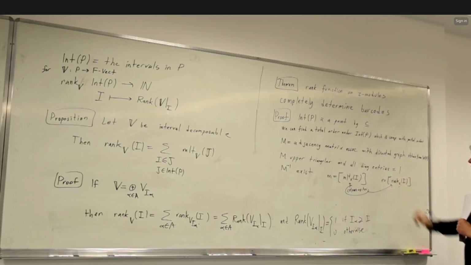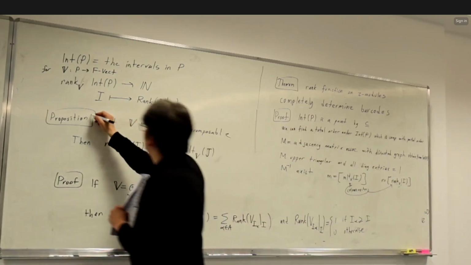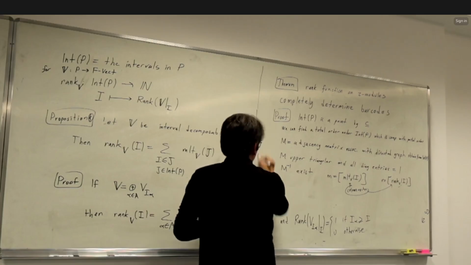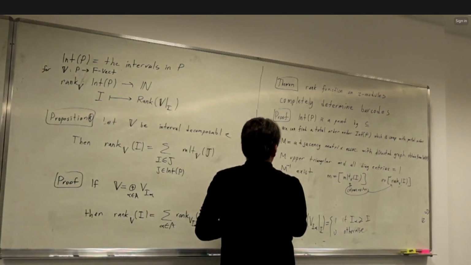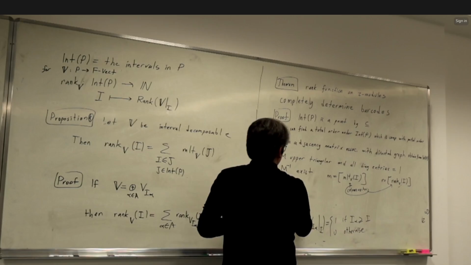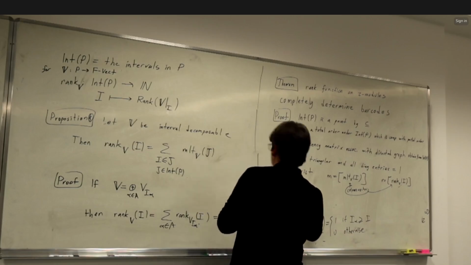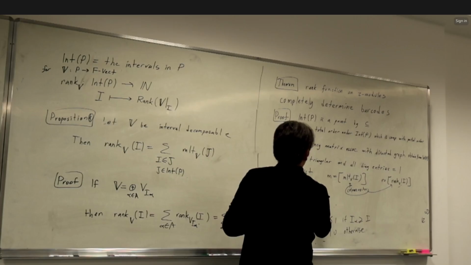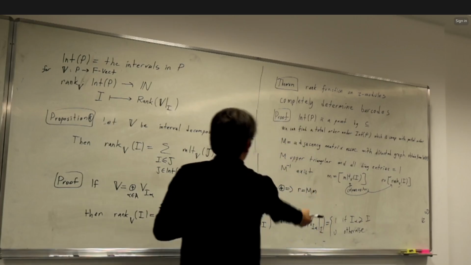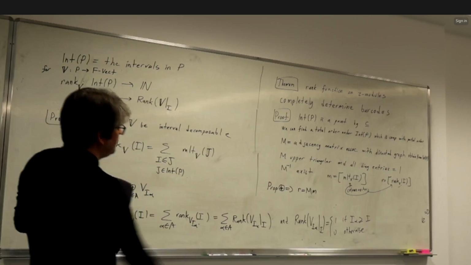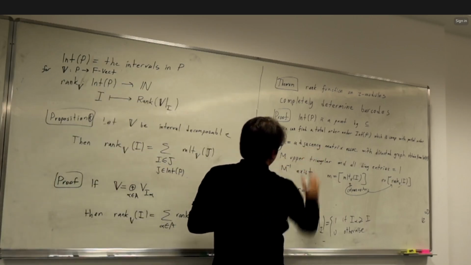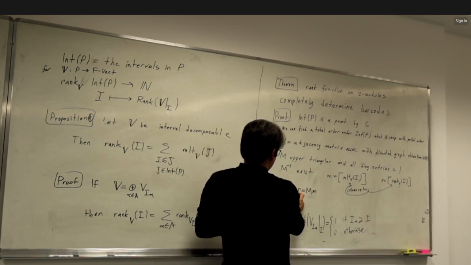Invariant, again, column vector. Now, this proposition star is saying R is equal to M times this M. When you multiply the multiplicities with this adjacency matrix, you get rank.